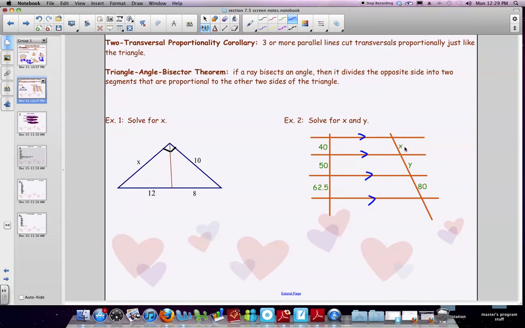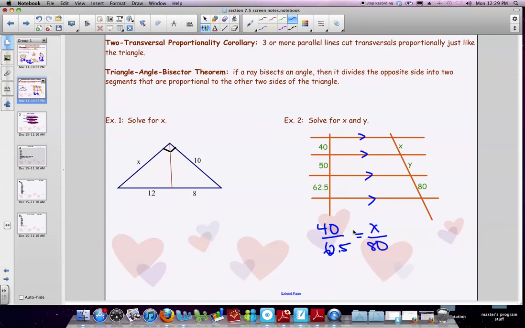So for example, if I was looking for the value of x, x corresponds to 40. And 80 is the only side I know over here, which corresponds to the 62.5. So I might put 40 over 62.5 on one side of the equal sign, and then on the other side I would put x over 80.